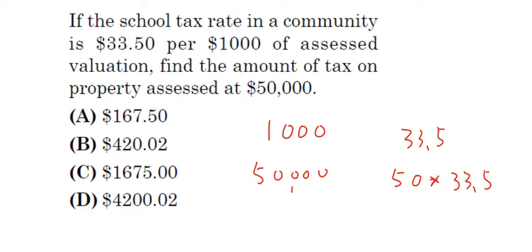Okay, so 50 multiply this. So for the calculation, we just check 33 multiply 50. So should it be a little bit more than this? So the answer is this, right?